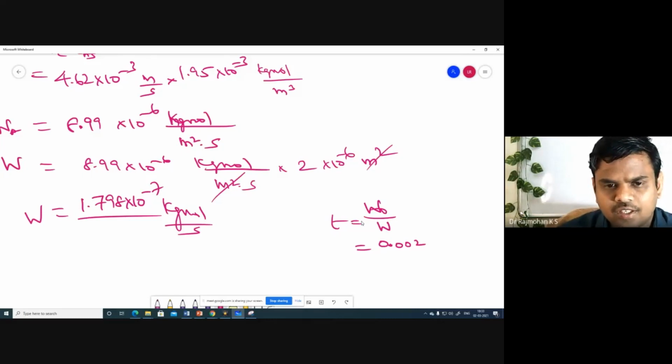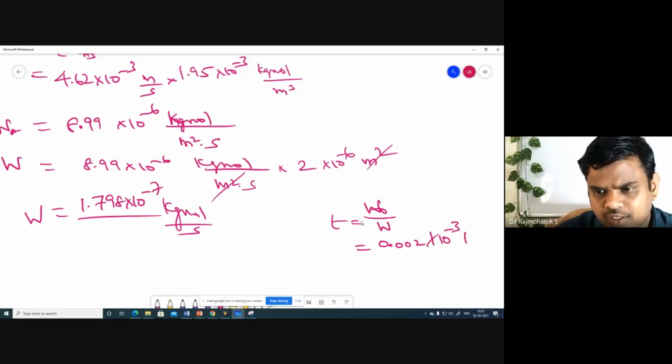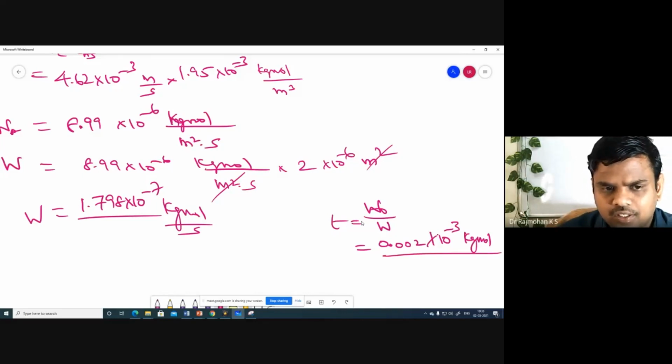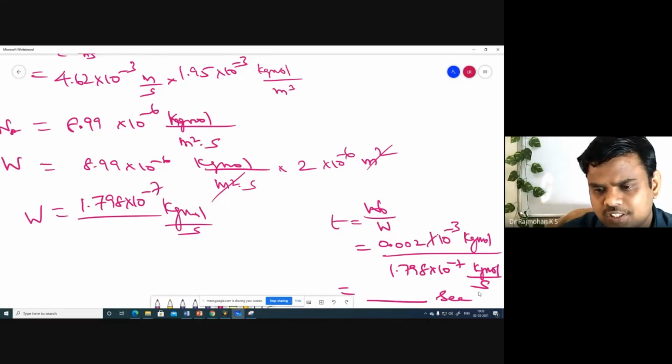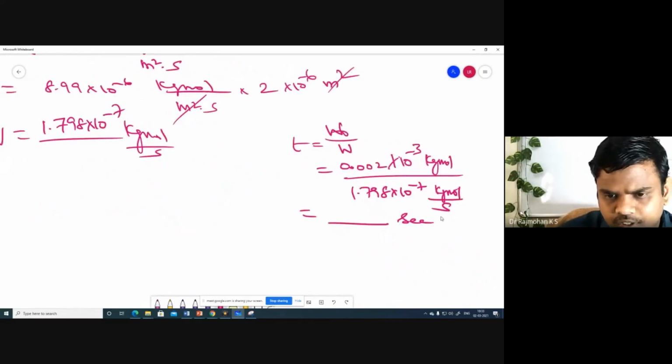So T is equal to the initial 2 into 10 power minus 6 kg moles divided by W, 1.798 into 10 power minus 7 kg mole per second. You will get around 11 seconds. Whatever the value is, please substitute, write 11.3, and please comment your answer.